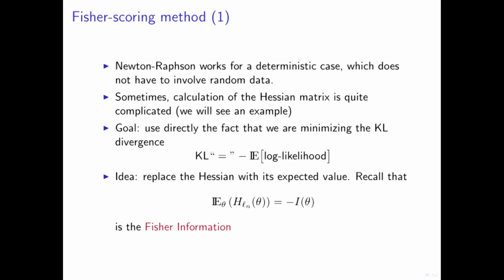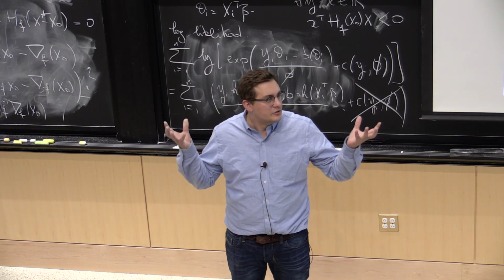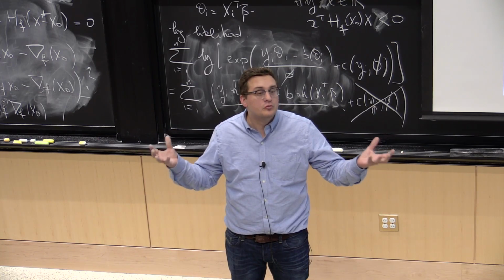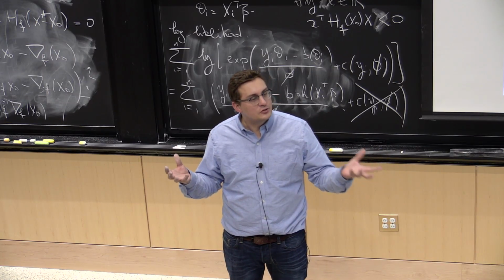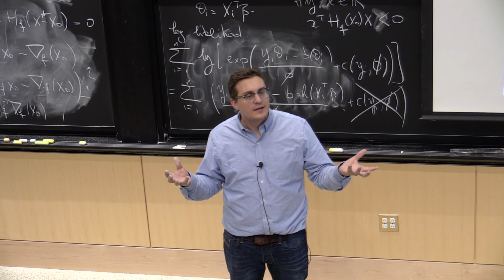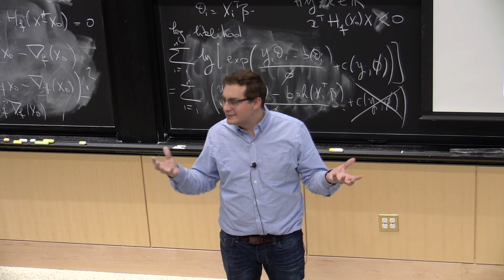But what's going to change by doing this is that it's going to make my life easier, because when I take expectations, we'll see that when we look at the Hessian, the Hessian as essentially the derivative of, say, a product is going to be the sum of two terms, right? The derivative of u times v is u prime v plus u v prime. One of those two terms is actually going to have expectation 0. And that's going to make my life very easy when I take expectations.